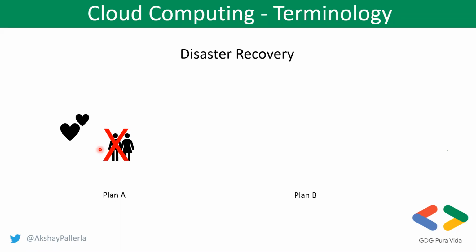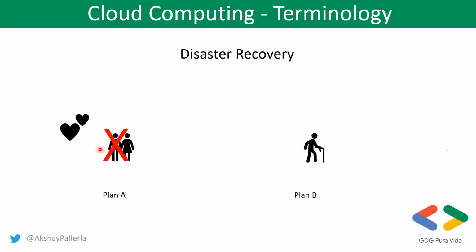So what will happen in that case? Without a disaster recovery, what will happen is, this is how I'll end up, right? Or the person who wants to get married will end up.